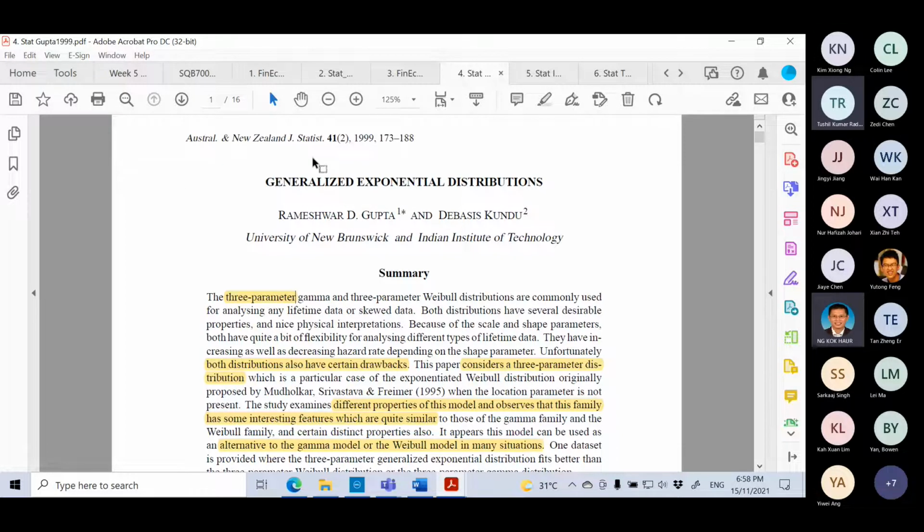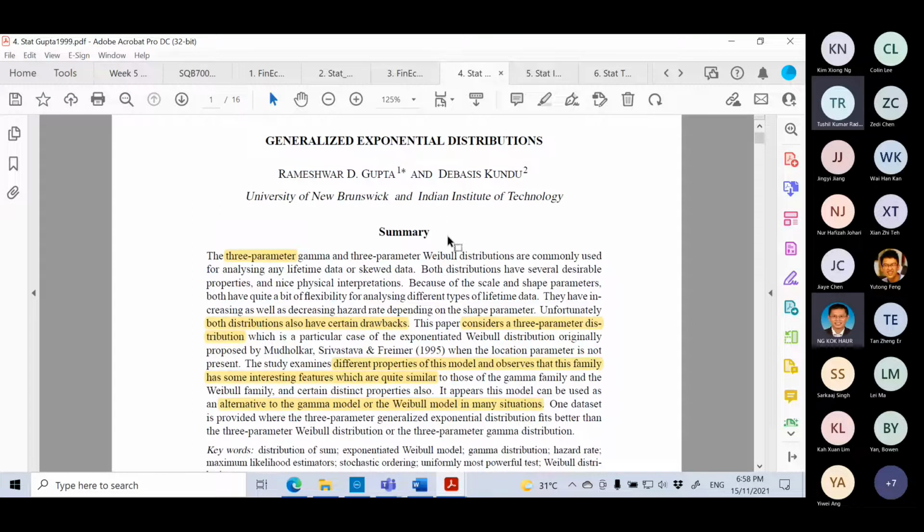Okay, so in this paper, they have mentioned that there are three-parameter distributions, the gamma and the Weibull distribution. So in the abstract, they already tell you clearly that these are existing and commonly used for analyzing lifetime data or skewed data. People were using these. Okay, these are the two different distributions with 3 parameters that exist.